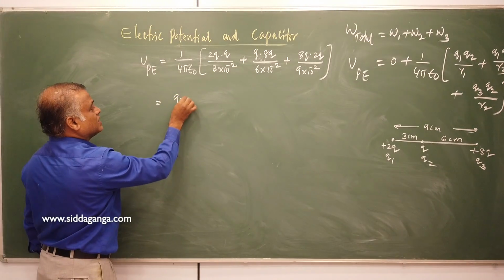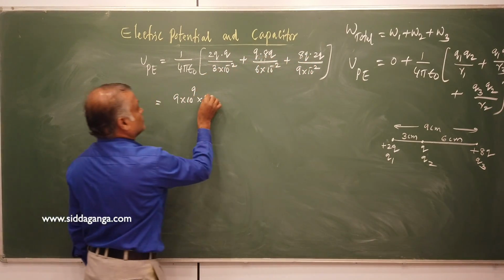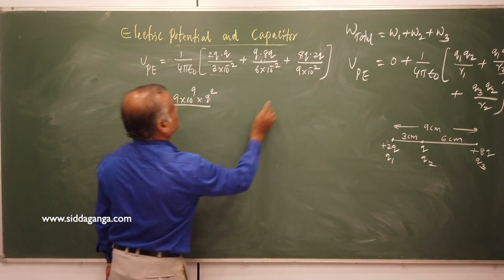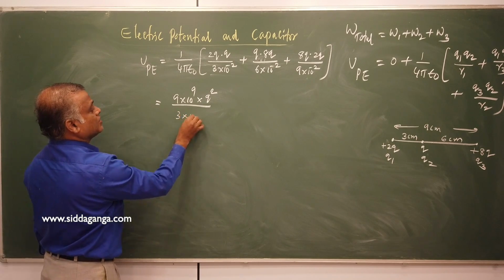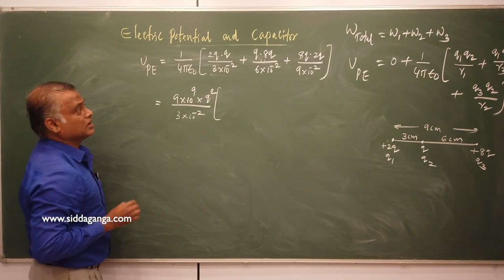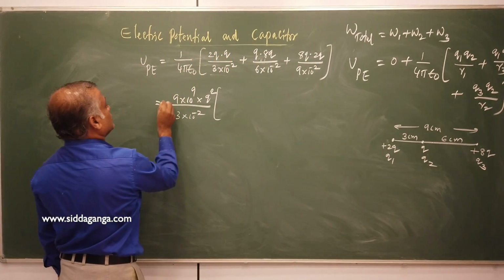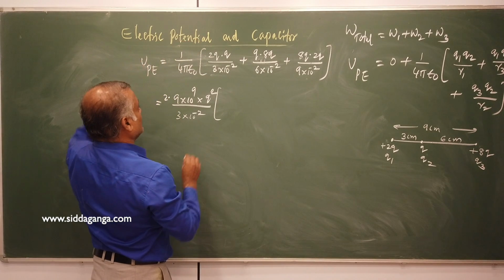9 into 10 to the power of 9, q squared is common, divided by, in the denominator you can take 3 into 10 to the power of minus 2 as common. In the numerator also you can take 2 common. So what is left now?